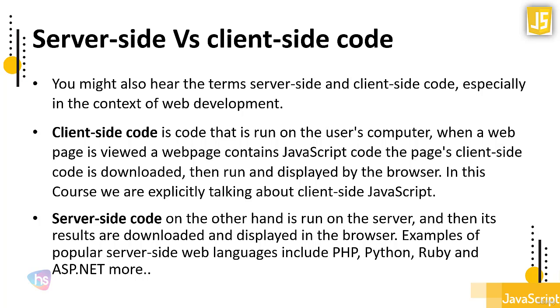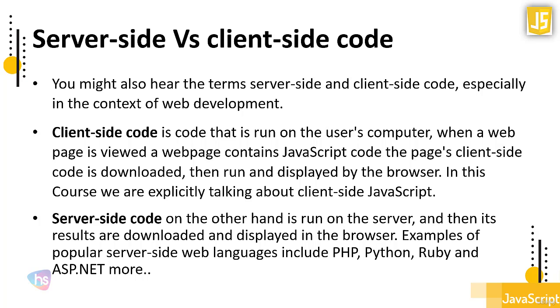When a web page is viewed, the client code is downloaded, and the result is displayed in the browser itself. In this course, we are explicitly talking about client side JavaScript, to learn more about client side JavaScript functionalities only. Server side code, on the other hand, runs on the server, and then its results are downloaded and displayed in the browser.